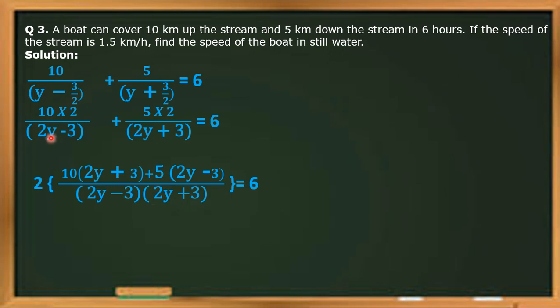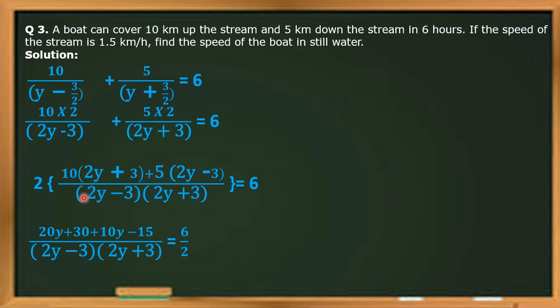This LCM divided by the first denominator 2y minus 3 gives 10 into 2y plus 3. Similarly, the LCM divided by the second denominator 2y plus 3 gives 5 into 2y minus 3. Now multiply this, and this 2 we transpose to the right hand side, so we get 6 by 2.